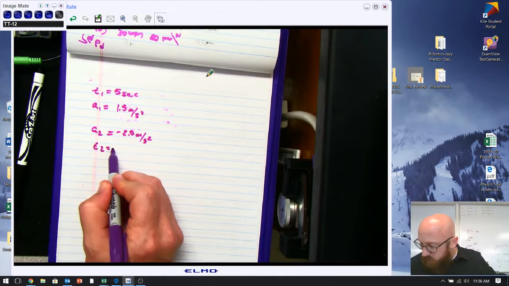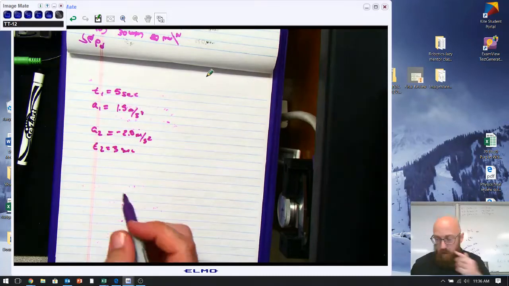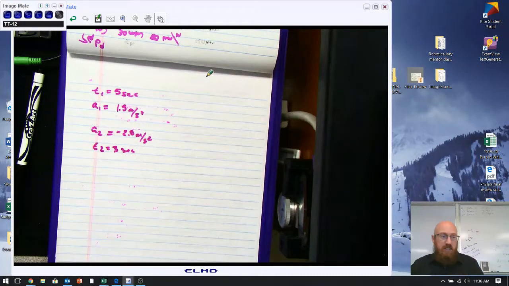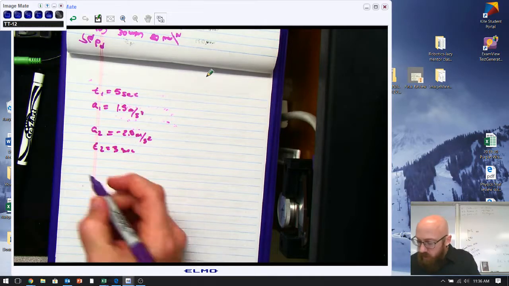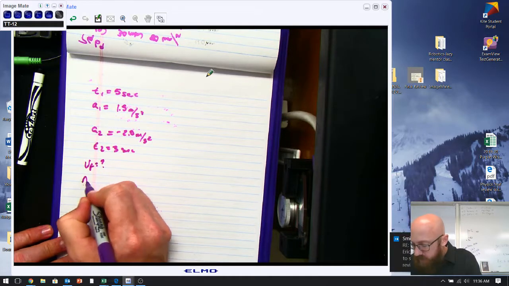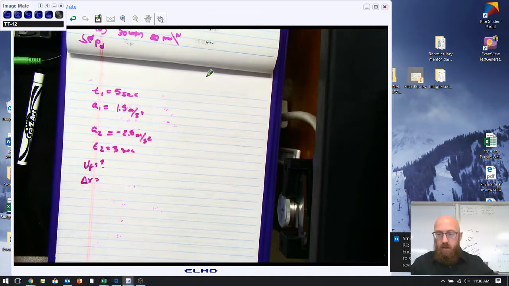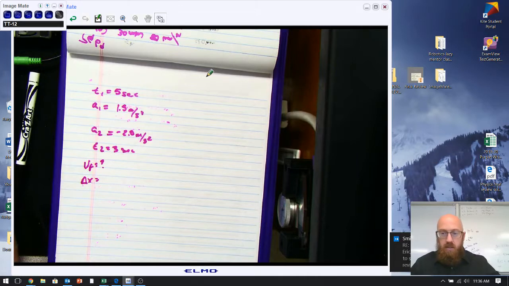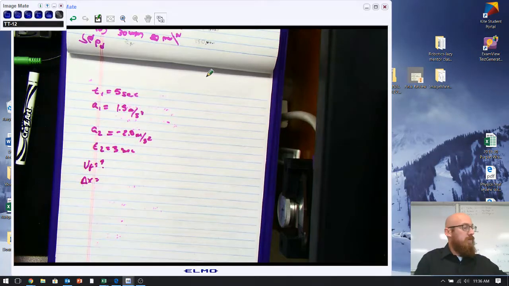Time 2 is 3 seconds. So in this case, what's it asking for? What's the final velocity and how far it's gone? So we're looking for VF and delta x. So here we go.